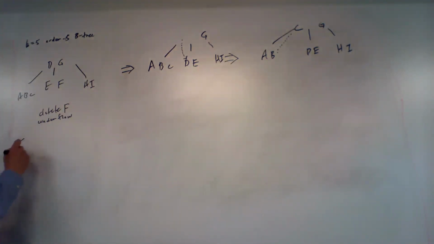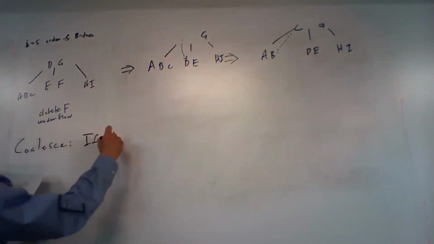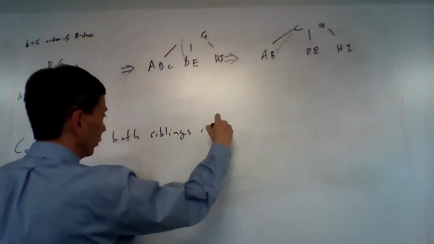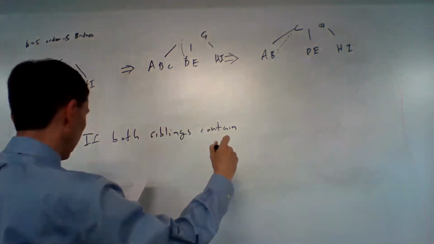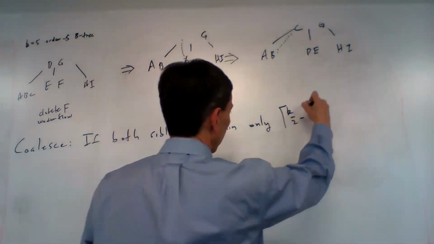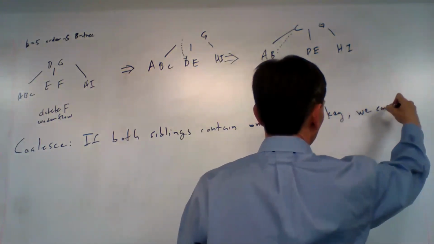So we use something called coalesce when that happens. Okay? If both siblings contain only ceiling of k over 2 minus 1 keys, we can't borrow.